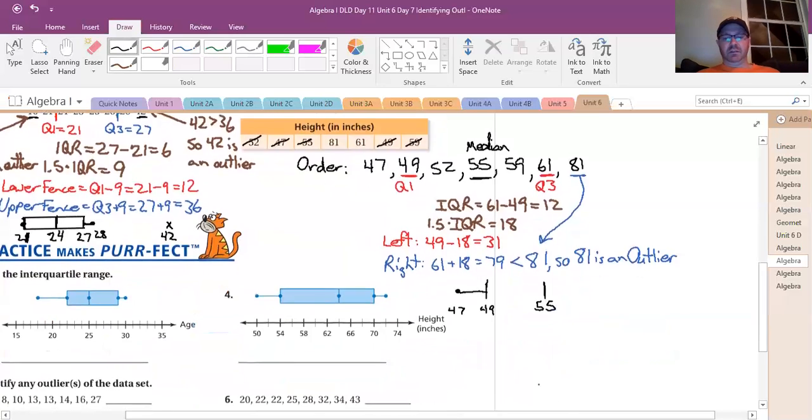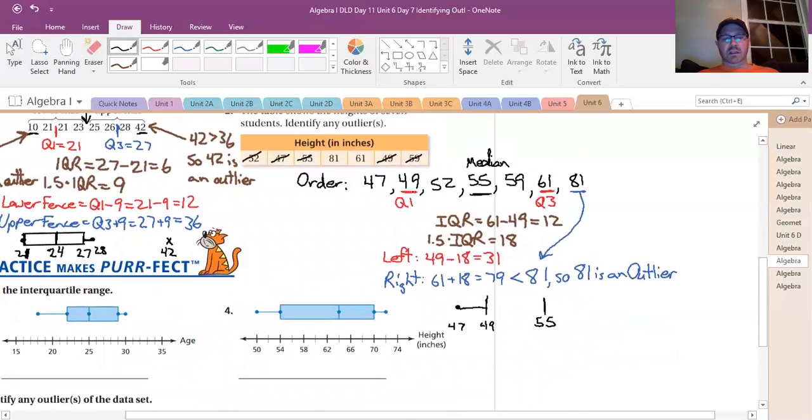And then my Q3 is 61, so I've got another spread here to 61. The max, 81, is significantly further up here. That's probably about here. But I'm going to put an X there because that's an outlier.